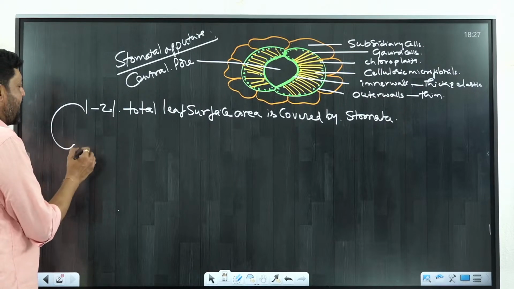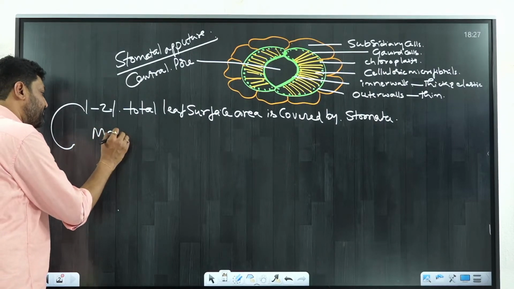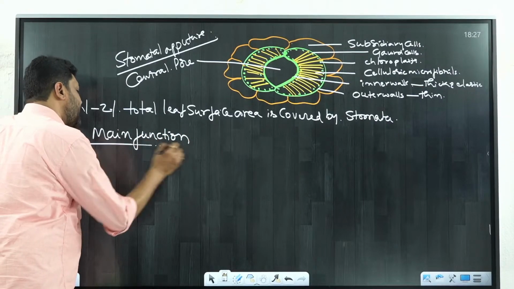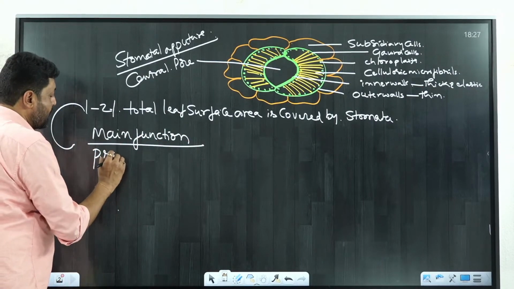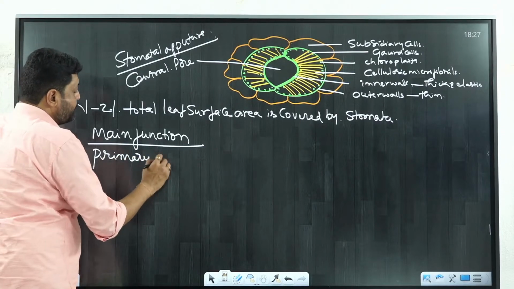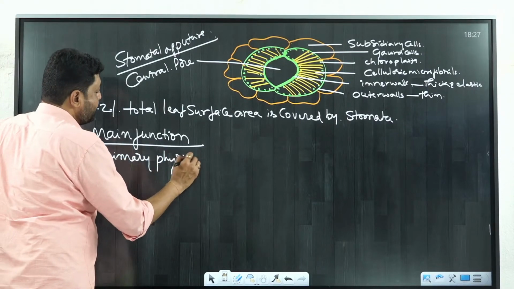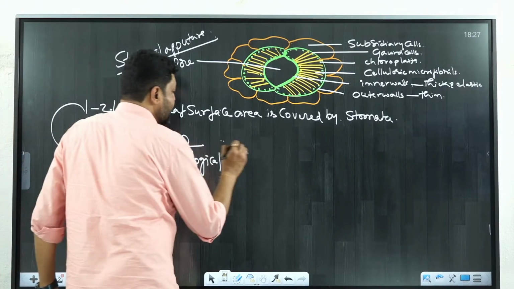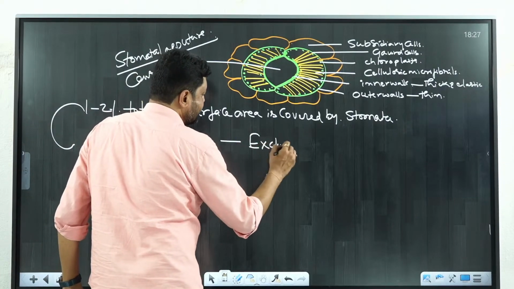So what is the main, or we call it the primary, physiological function? The function is exchange of gases.